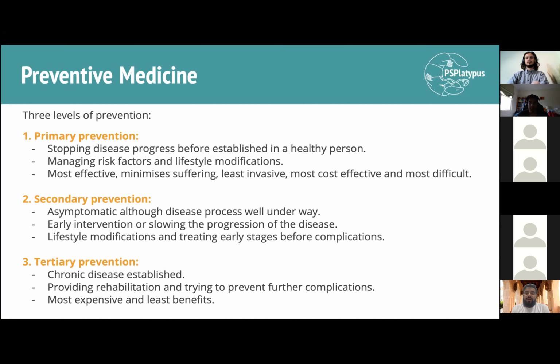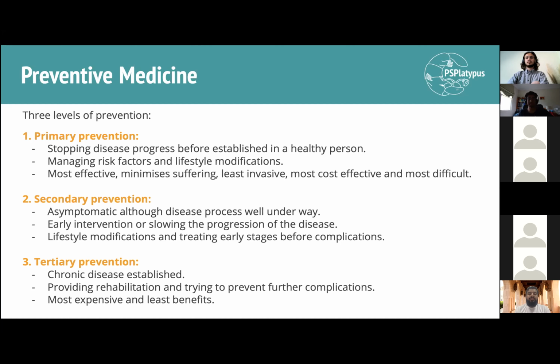This can be achieved by lifestyle modifications, changing their lifestyles to a healthy lifestyle, and also managing risk factors. It's the most effective, the cheapest type of prevention, and it minimizes suffering, but it's also the most difficult one, because it's all about changing your lifestyle and managing risk factors.